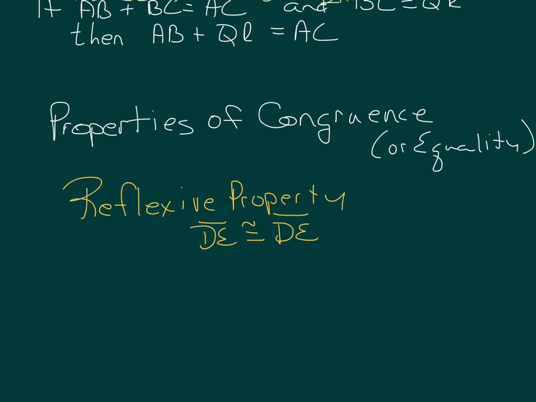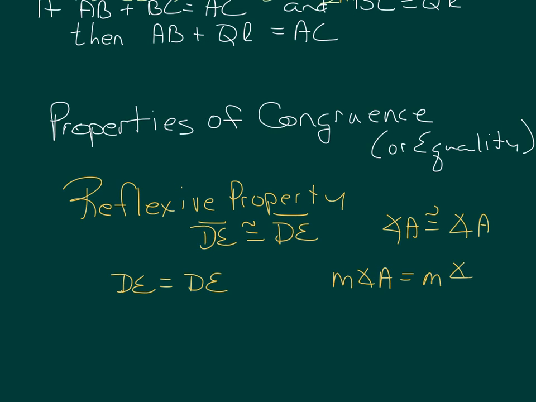Or angle A is congruent to angle A. You could use it with equality as well. The measure of segment DE equals the measure of segment DE. The measure of angle A equals the measure of angle A.